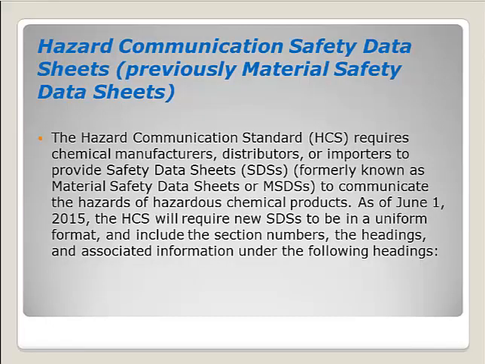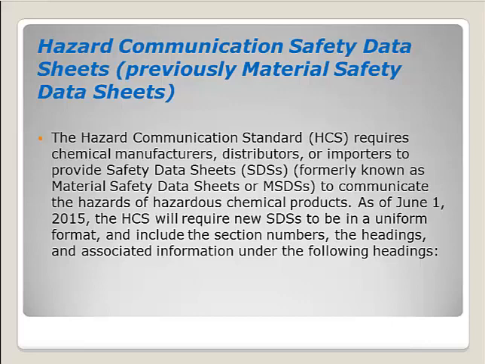Okay, moving on. Hazard communication safety data sheets. Previously, most of us are familiar with the term Material Safety Data Sheet, or MSDS. It's been around for a long time, but that is changing. Basically what this is for is to communicate hazards about the chemical products.